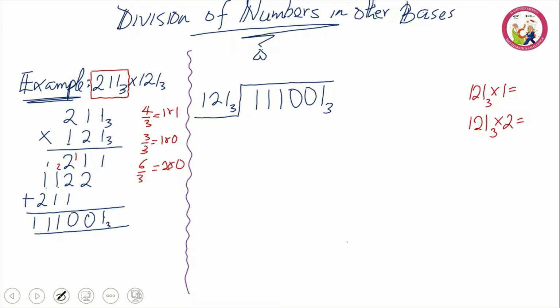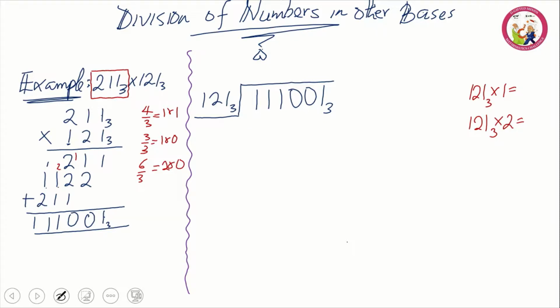If this division were in base 4, I would need 121 times 1, times 2, and times 3. If it were in base 5, I would need to multiply up to 121 times 4. Do you understand? That is how to go about it.